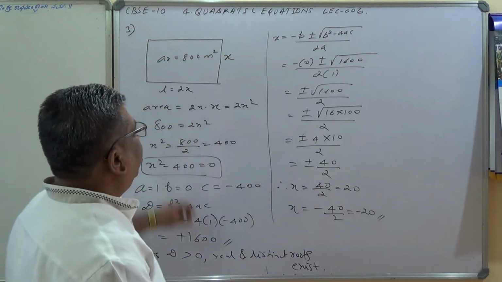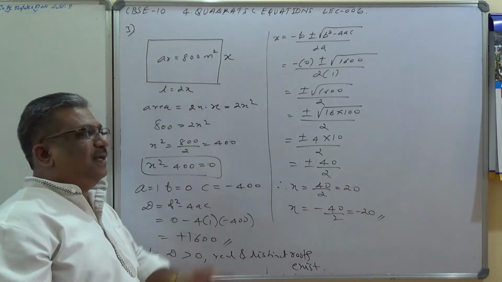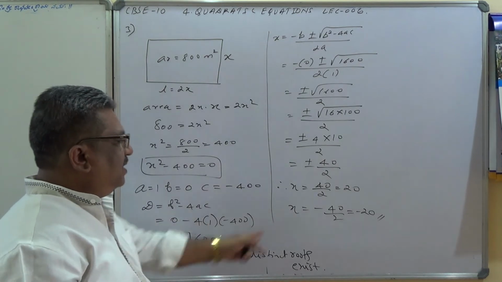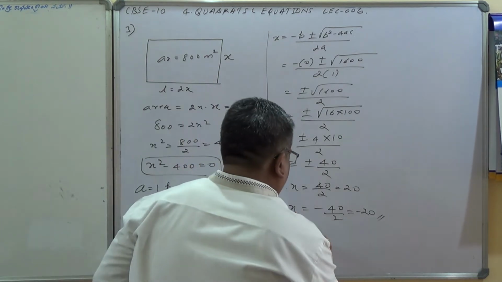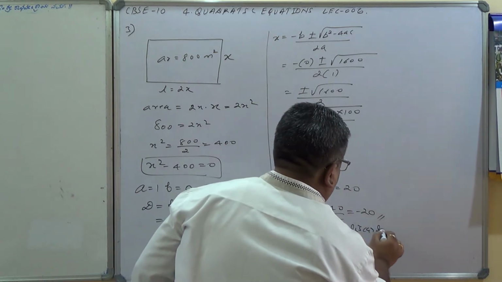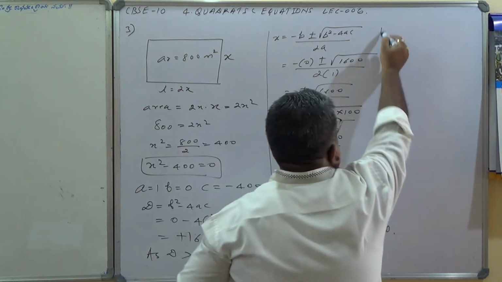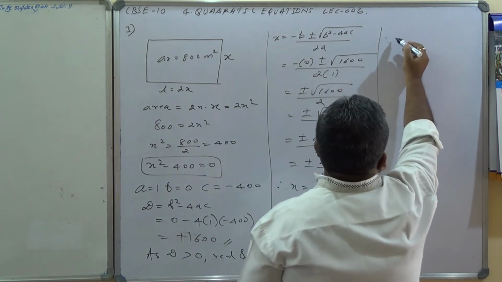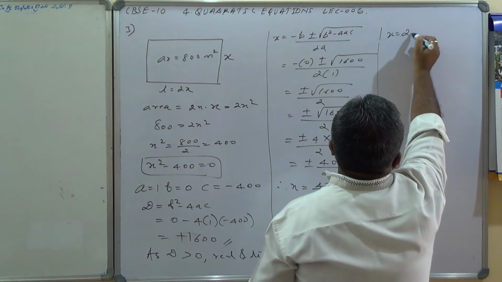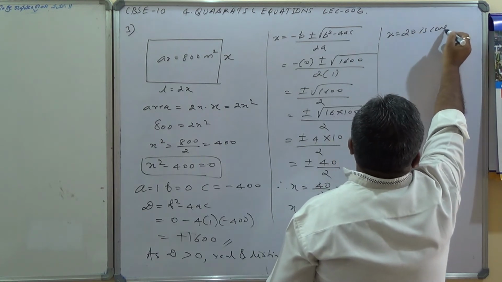But as x is basically the dimensions, distances cannot be negative. Therefore, x equals minus 20 is discarded. Therefore, x equals 20 is considered.